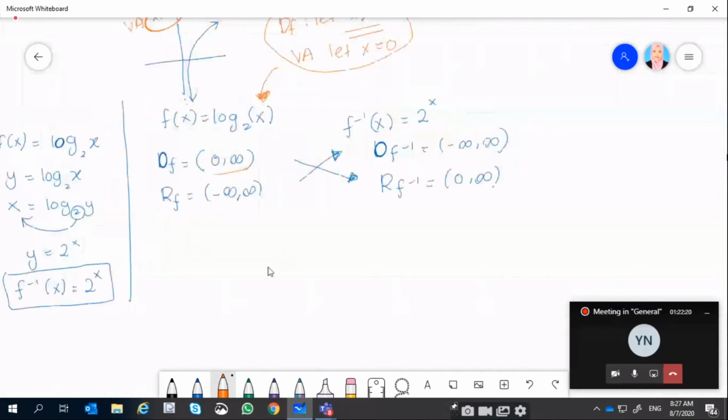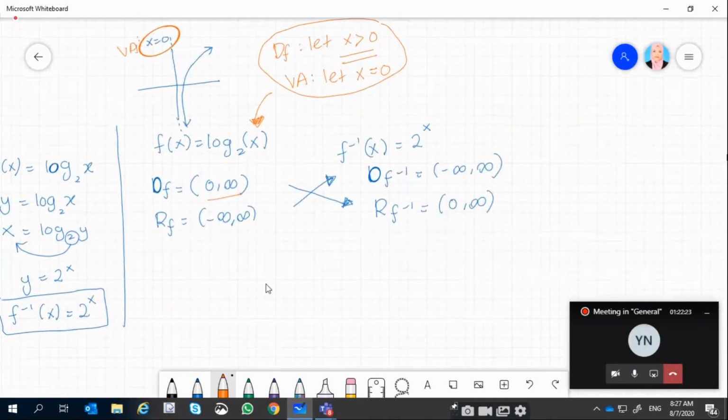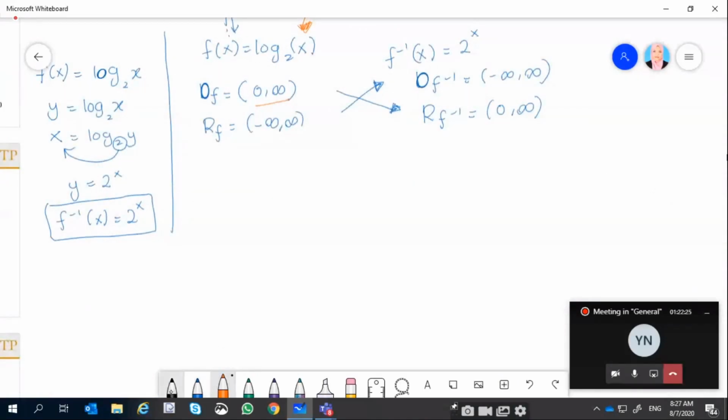Next, you have to sketch the graphs of f and f inverse on the same axes. You have the y and x axes, and this is the vertical asymptote x equals 0 for the log function.